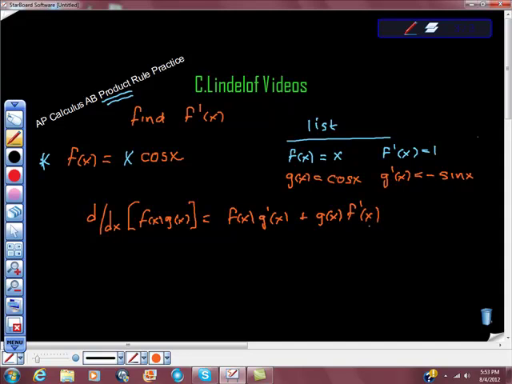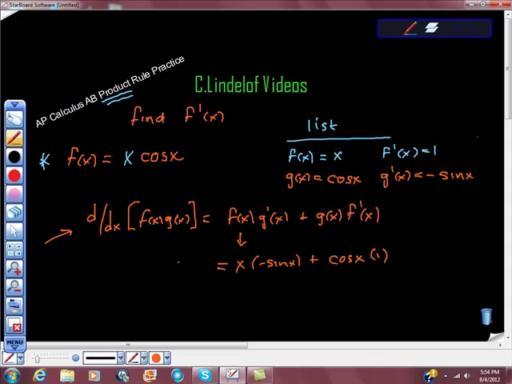So all I'm going to do is take my list and apply it to that rule. So f of x we said was x. G prime at x we said was opposite sine x. This plus sign is this one. G of x we agreed is cosine x, and f prime at x is 1. So all I'm doing is FITBA, filling in the blanks.